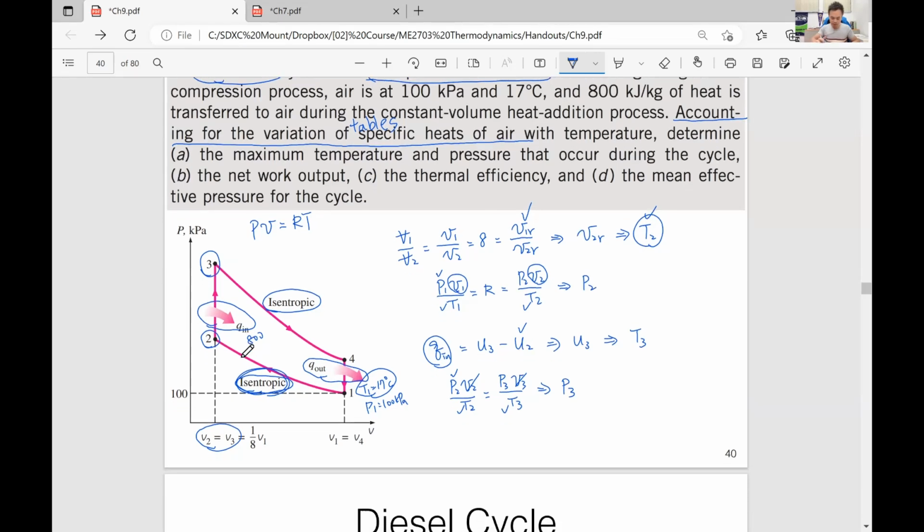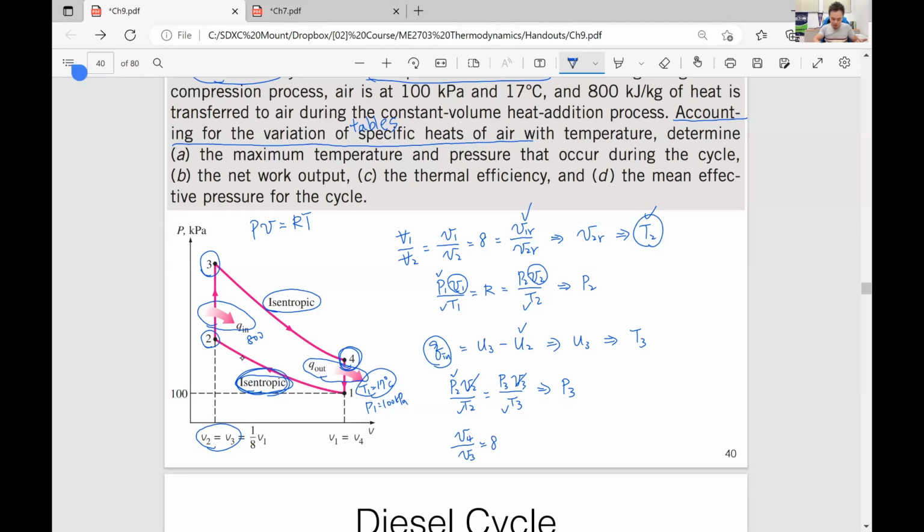Then let's look at T4 and P4. Again, we are using this again. V4 over V3 is 8, right?